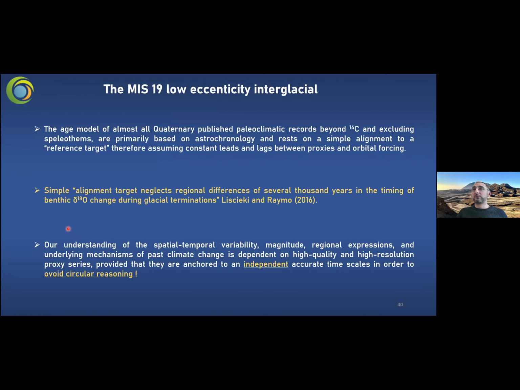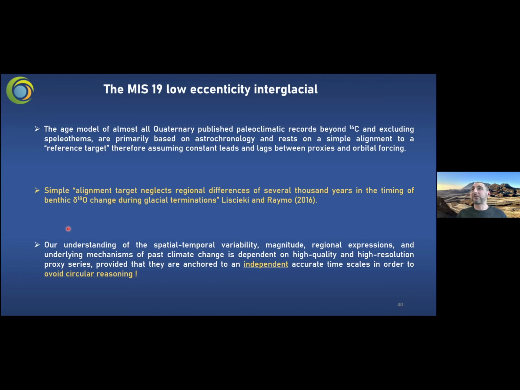Let's move to something which is slightly younger, and I will talk about the MIS 19 long interglacial. I'm pretty sure you know that, but I will say that again. The age model of almost all Quaternary published paleoclimatic records beyond C14, and excluding of course Peloton that could be dated by thorium up to 640 kiloyears, are primarily based on astrochronology.